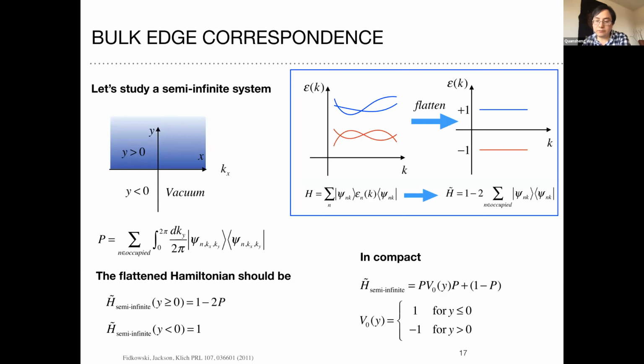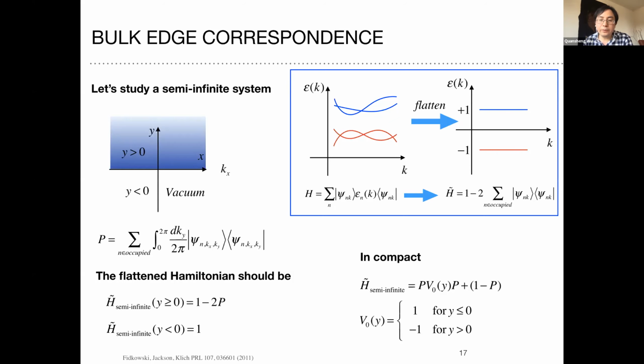So you will see that, for example, for y less than 0, this is 1. P square equals P, so P plus 1 - P is just 1. This is the same as this one. So this is our compact formula.